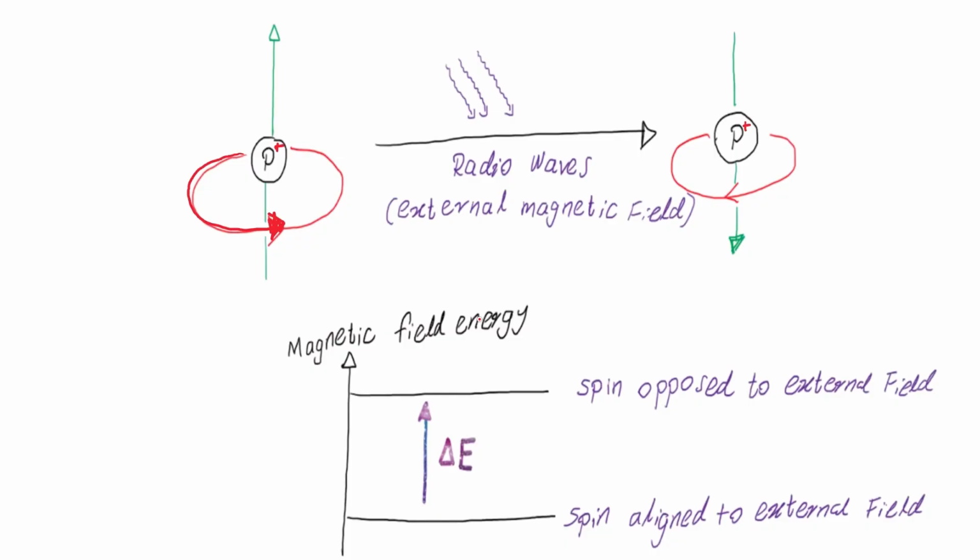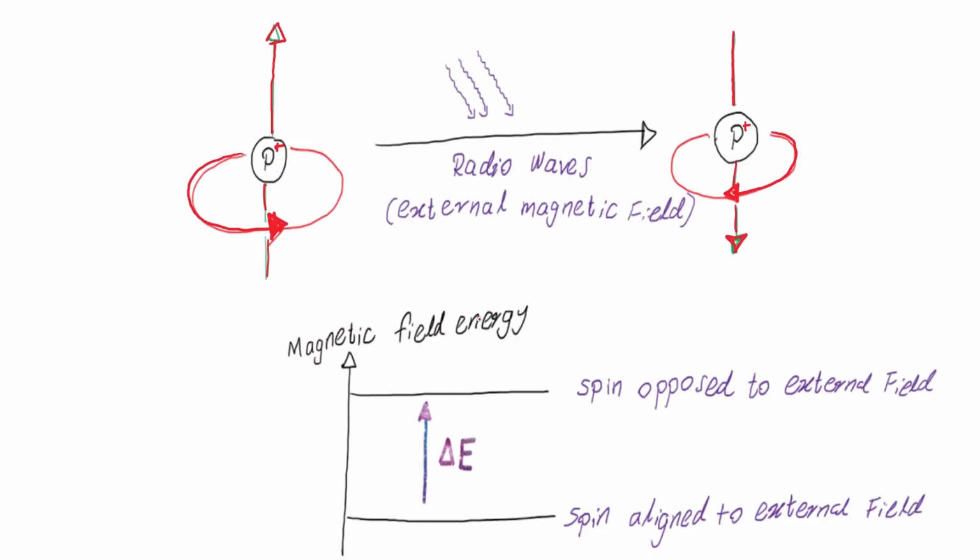When charged particles spin on their own axis, a small, tiny magnetic field is generated. That magnetic field has a direction. If it's spinning one direction, the magnetic field is one way. If it starts spinning the other way around, what will happen? The magnetic field direction changes.